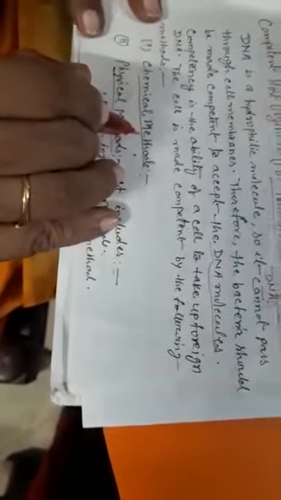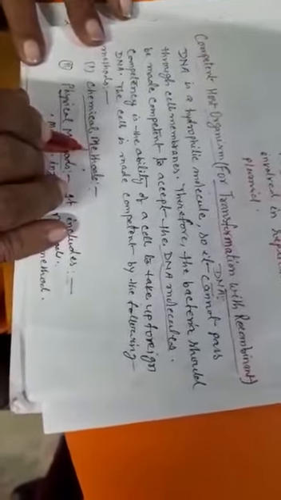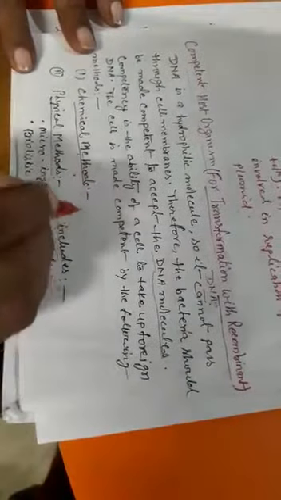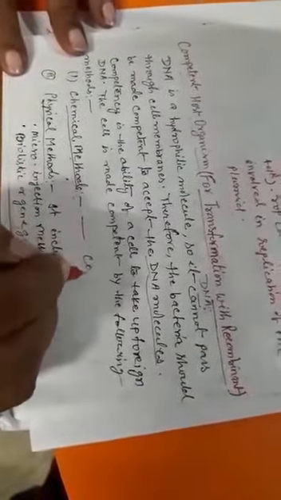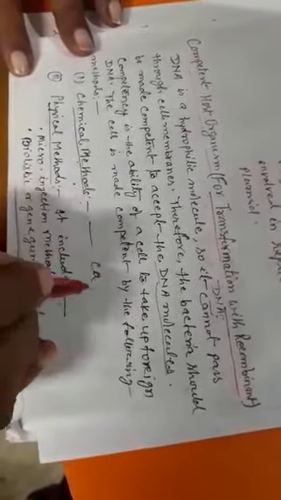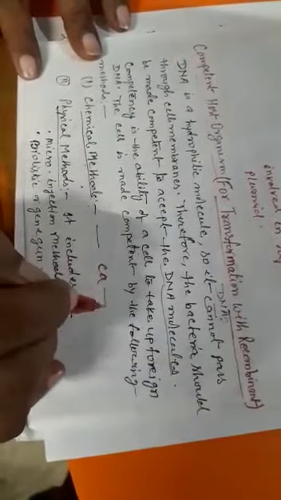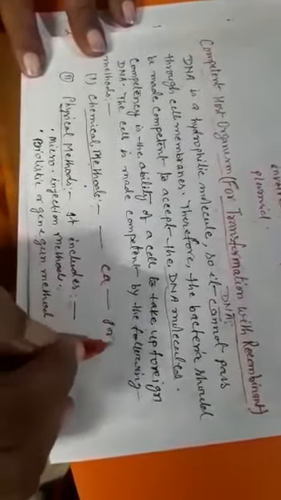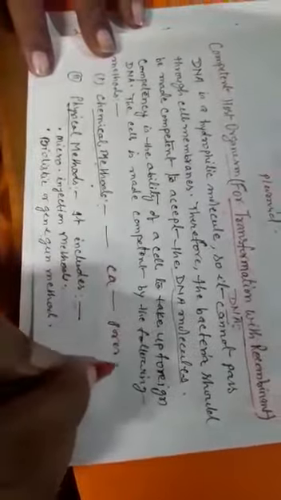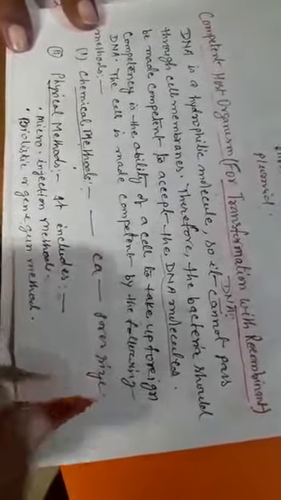In this method, the cell is treated with a specific concentration of a divalent cation such as calcium to increase pore size in the cell wall.